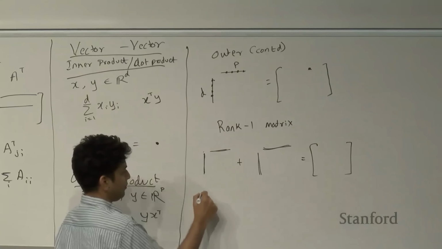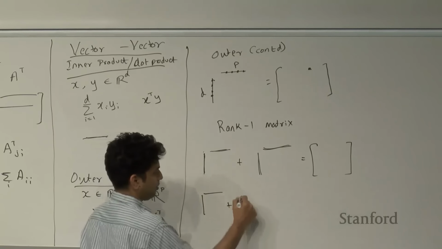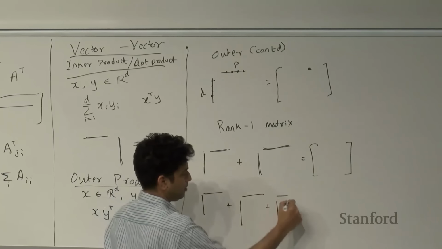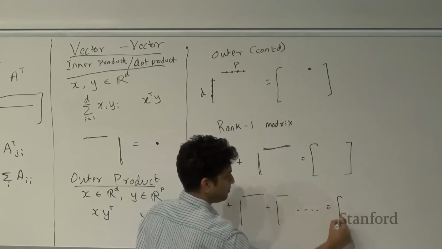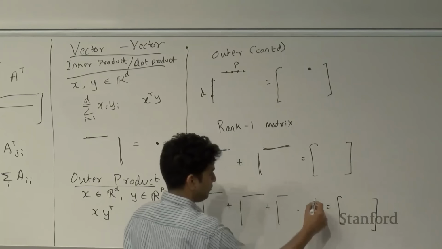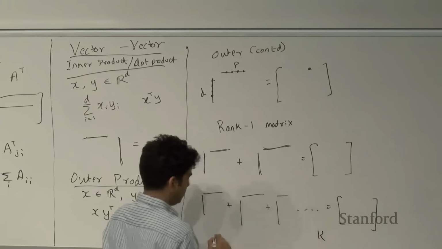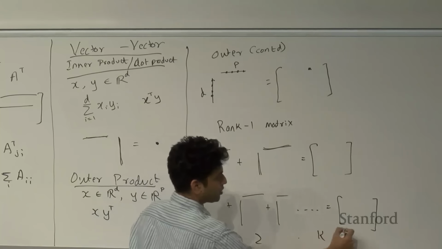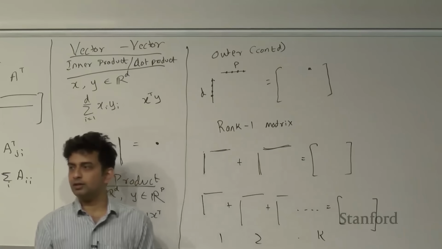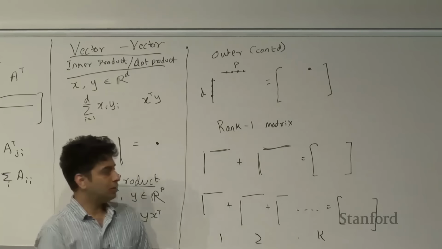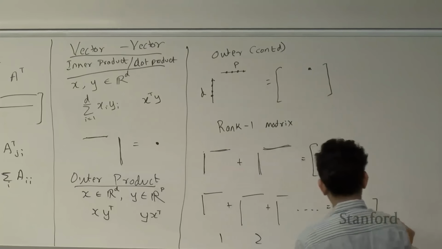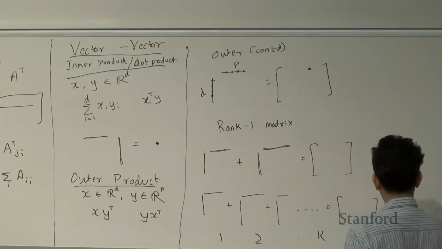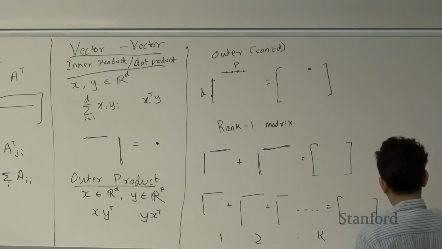Now, what happens if we add k of them, 1, 2, up to k? What's the rank of this matrix? Rank k. So the rank of this matrix is actually going to be less than or equal to the min of d, p, and k.